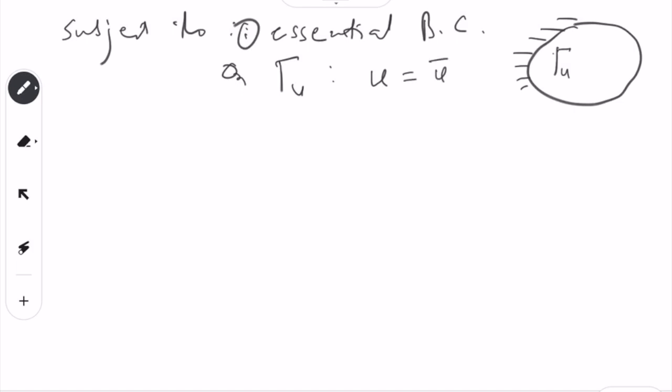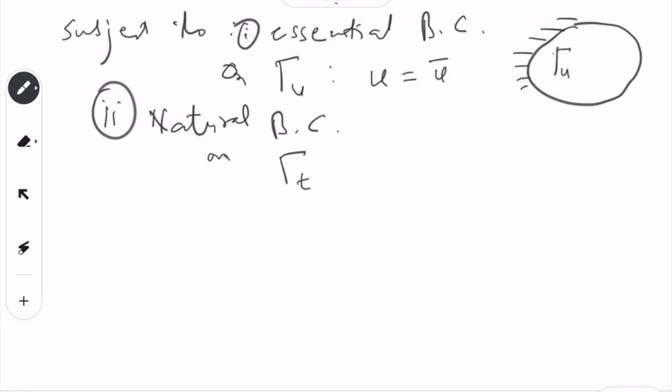Okay, and second is the natural boundary condition, and this will be on gamma t, t for traction. We found out what the meaning of traction is. So on those we have the traction given.